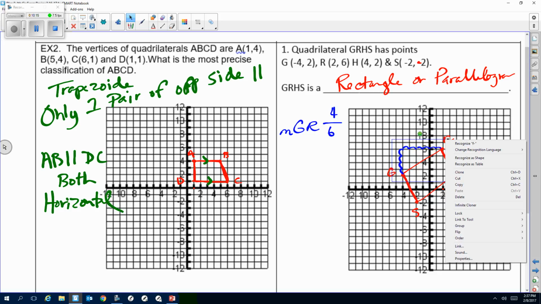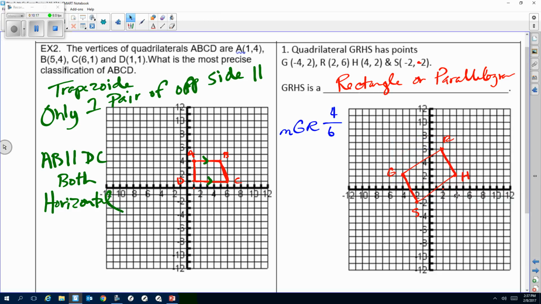Now we want to look at the slope of RH. So slope from R to H. Here I'm going down 1, 2, 3, 4, and then to the right. So down is negative, to the right 2. Then I want to look at the slope of HS, and that is down 4, and then to the left, negative and a negative.